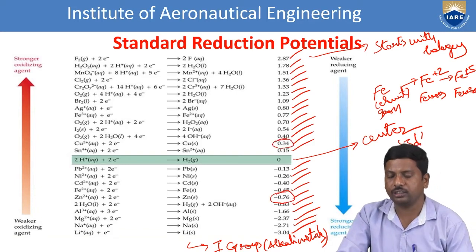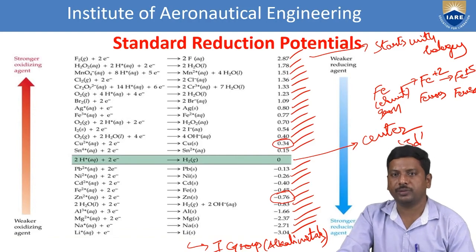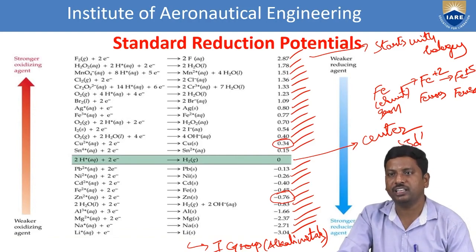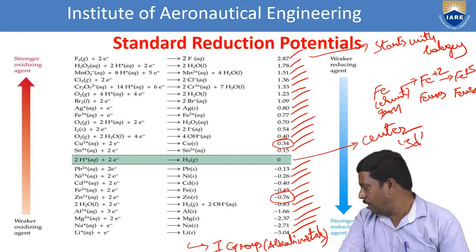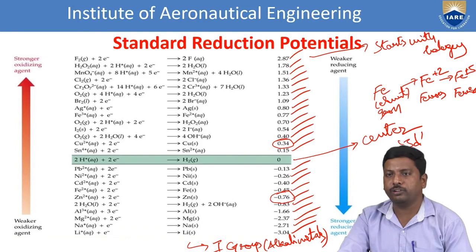That means zinc has the possibility to replace the copper ions present in the solution, that is, to replace one metal ion by another metal ion. That is also possible by the electrochemical series. Why? Because zinc has the greater reduction potential, minus 0.76 volts, and copper has only 0.34 volts.